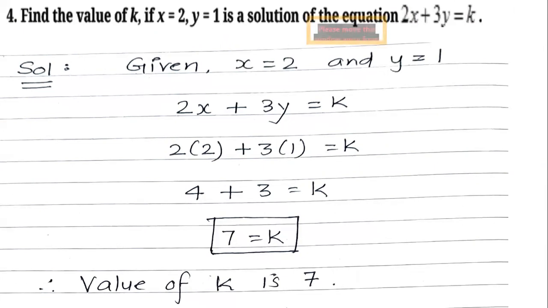So 2x plus 3y is equal to k. X is replaced by 2, y is replaced by 1. As you could see, solve it wherein I get 4 plus 3 is equal to k, 4 plus 3 is 7. So 7 is equal to k. So I can conclude over here that the value of k in this particular equation is equal to 7.